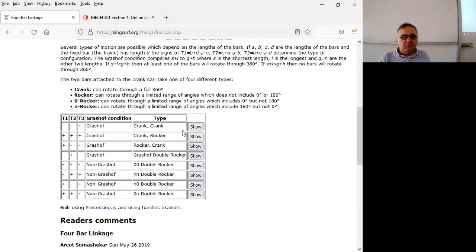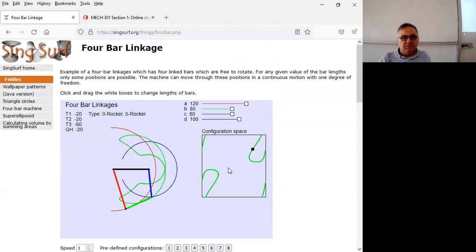There are certain mechanisms that obey the Grashof condition, and some of them don't obey the Grashof condition. For example, this is a non-Grashof mechanism, which is a double rocker.